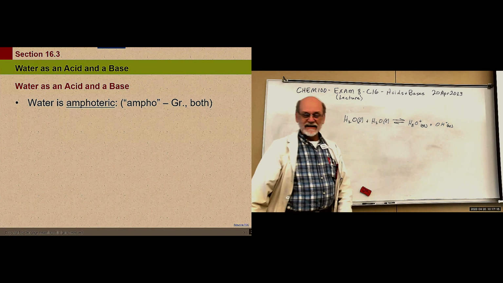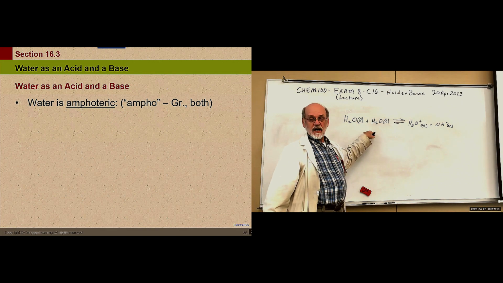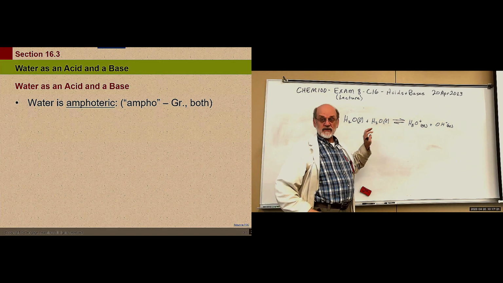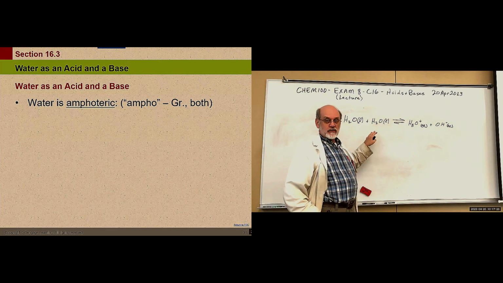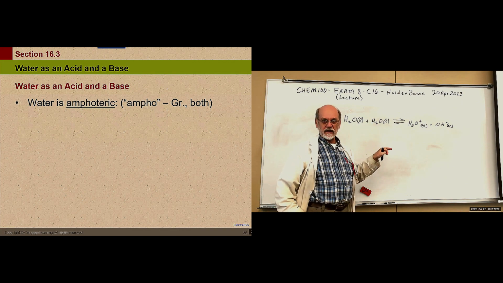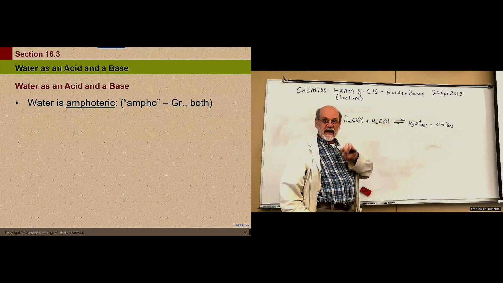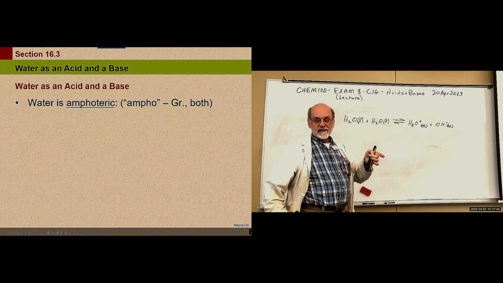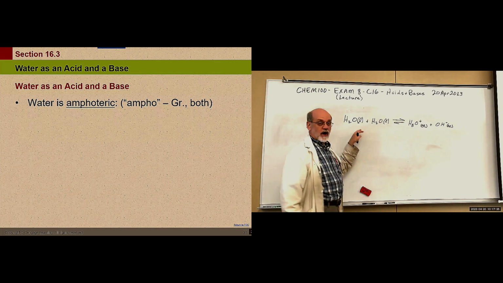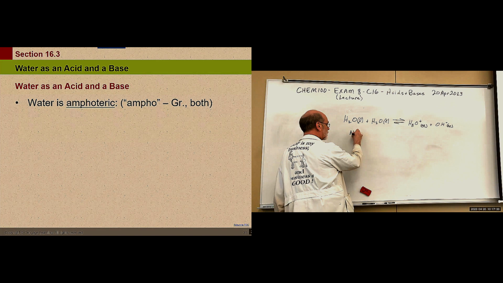All right. This behavior of any compound, in this case water, is called amphoteric. That means both. Ampho means both in Greek. Ampho means that it can go both ways. It can be an acid or a base. And this works for water, but it works for other things too. We could use ammonia here.